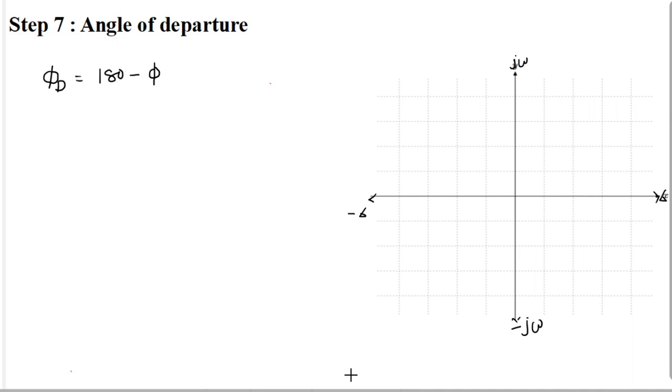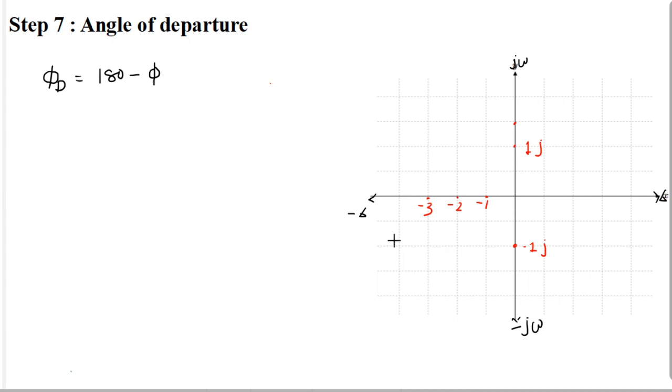Okay, now step number 7, angle of departure. For that, I already explained in the last video. First, you plot all poles and zeros on this graph. That is 1j, that is minus 1j. Okay. Then our poles, that is minus 1, minus 2 and minus 3, drawn compressed for lack of space.